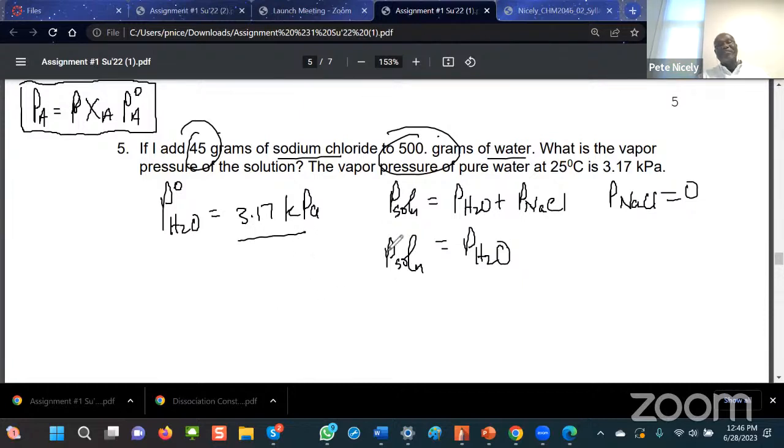Okay, so my question to you is, how do we get the vapor pressure of water? And the hint lies in Raoult's law. Okay, so I'm open for any ideas, suggestions, whatever.